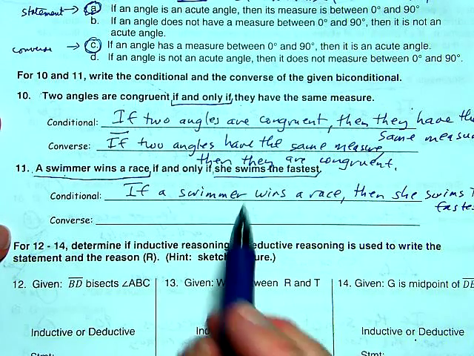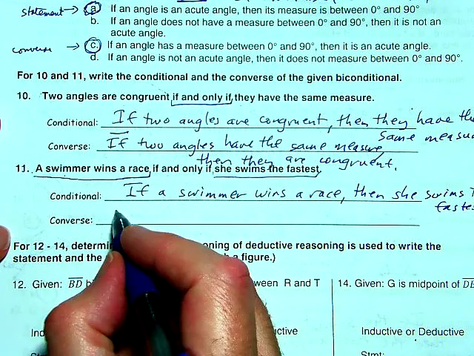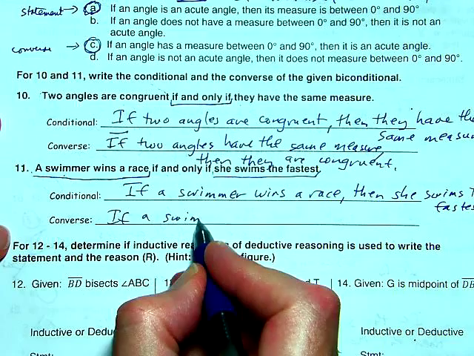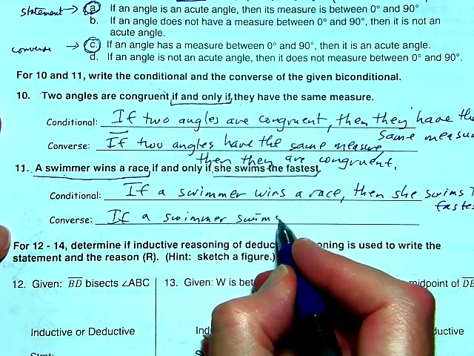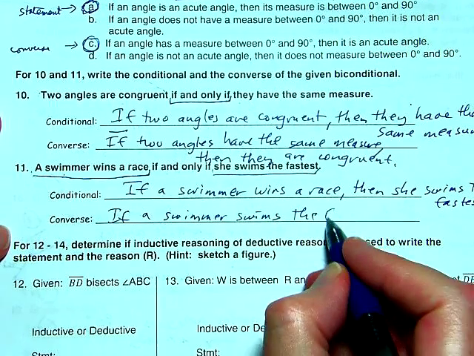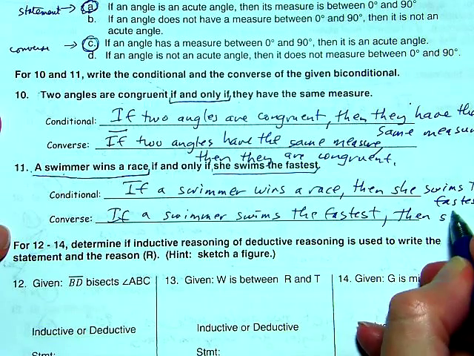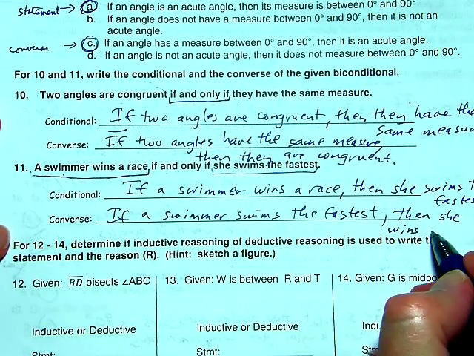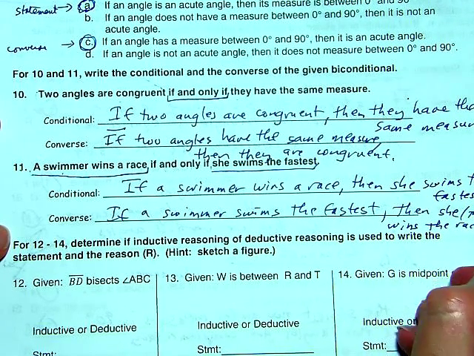And the converse would be, if she swims the fastest, then a swimmer wins a race. If a swimmer swims the fastest, then she wins the race. Or then the swimmer wins the race. You could say it either way, she or the swimmer.